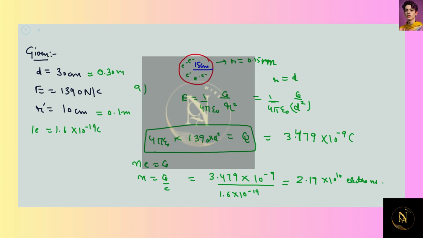So the r from the center would be, or let's say d prime, the d prime would be r prime plus d, which is equal to 0.4 meter, because this r prime is given from this surface. So this is our point, which is r prime. So r prime plus d equals d prime, which is equal to 0.4 meters.